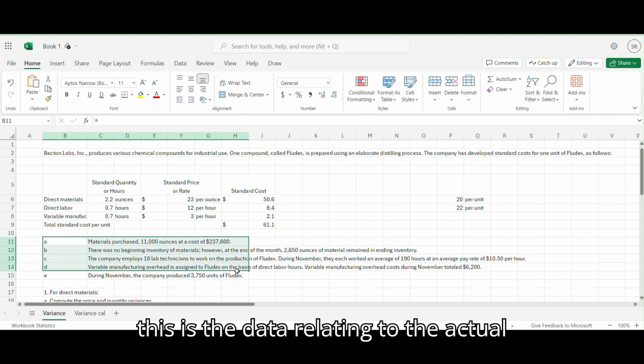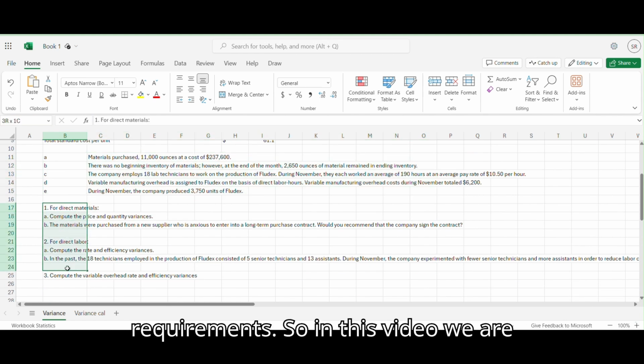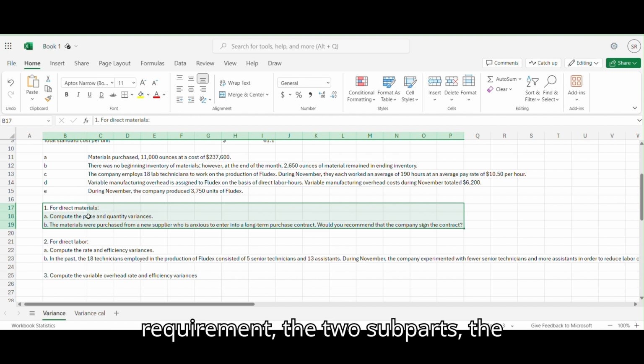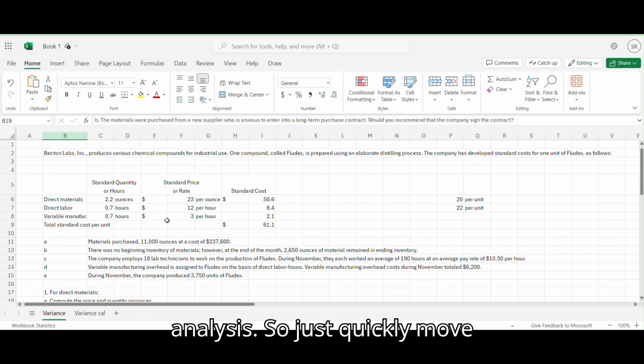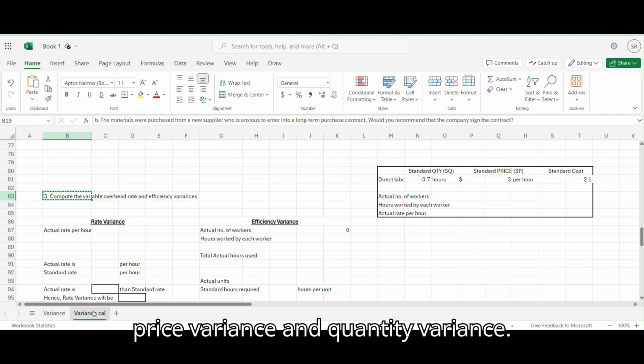Okay, and this is the data relating to the actual performances, and these are the requirements. So in this video we are going to deal with this first requirement, the two subparts, the calculation of variances and the analysis. So just quickly move ahead with calculation of direct material price variance and quantity variance.